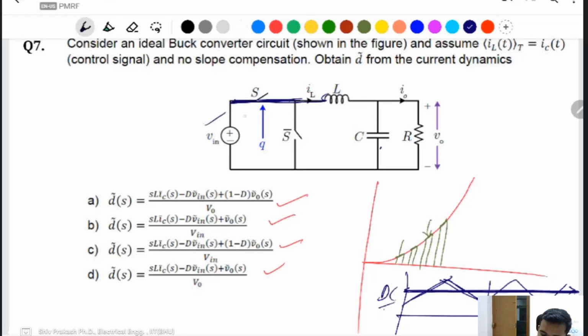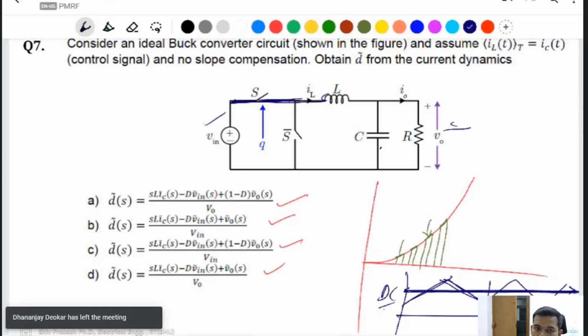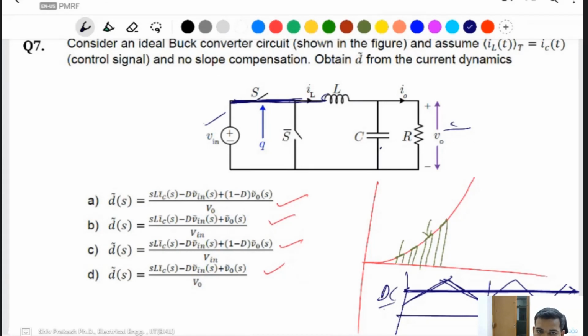The output would be the same as V in. You can't buck the input voltage. To make the inductor and capacitor do their work, you must inject an AC signal, and it behaves like AC. That is why you do the switching on and off.